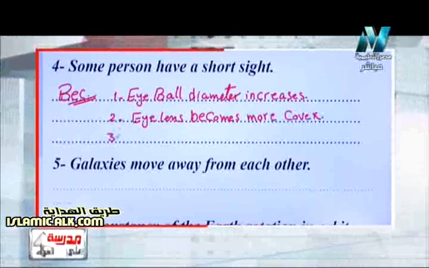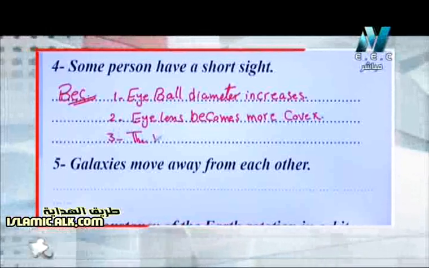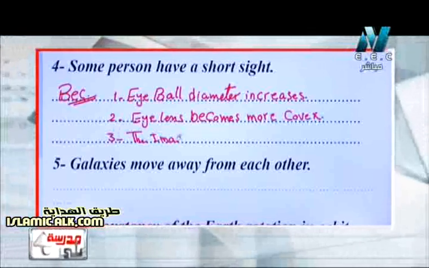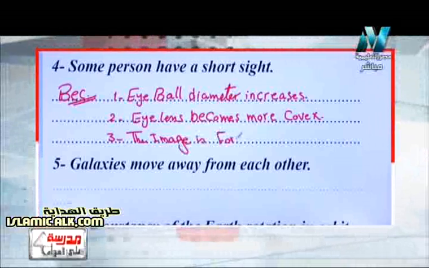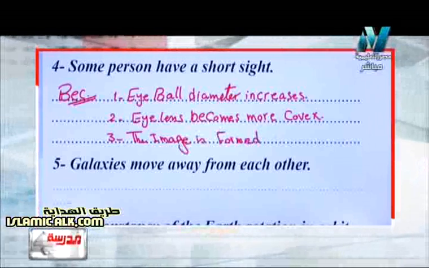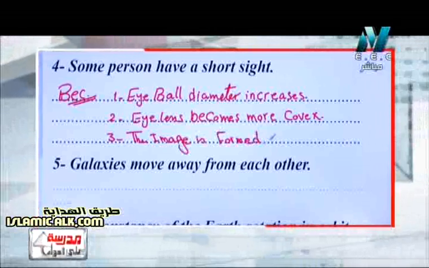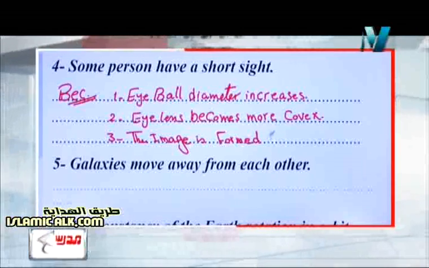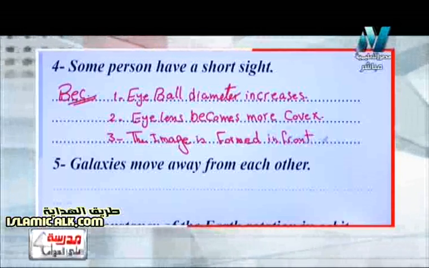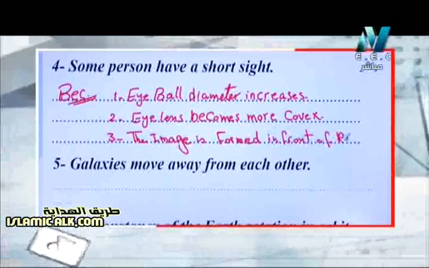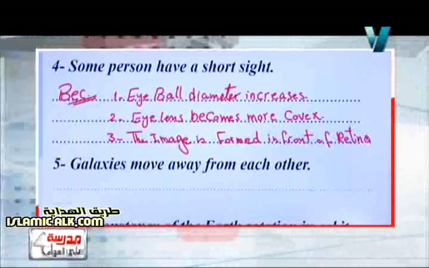So the image is formed before ولا after the retina؟ اقول له لا, before أو in front of retina. retina اللي هي الشبكية بتاعت العين, عشان كده هو عنده short sightedness.